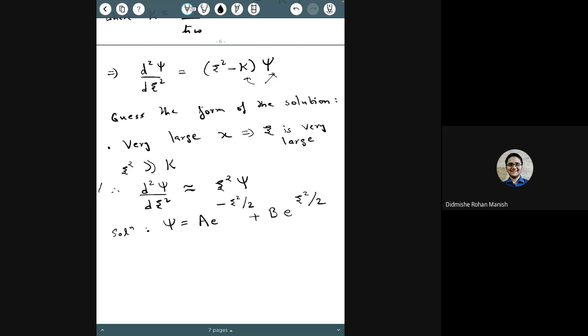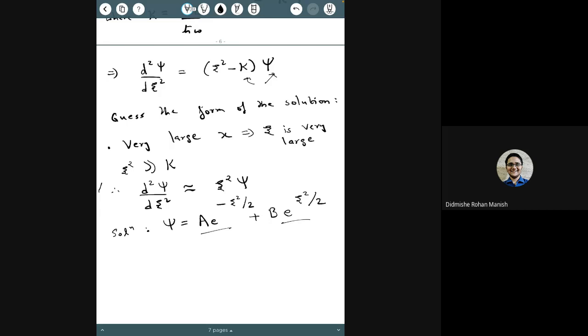Okay. Now, every time we do a quantum mechanical problem, we have to always keep in mind the normalization. And as soon as we look at this, we see that when xi tends to plus infinity, although the first one will decay to 0, the second will blow up. And if xi tends to minus infinity, then the first one will blow up and the second one will decay. So this solution is certainly not normalizable from minus infinity to plus infinity.